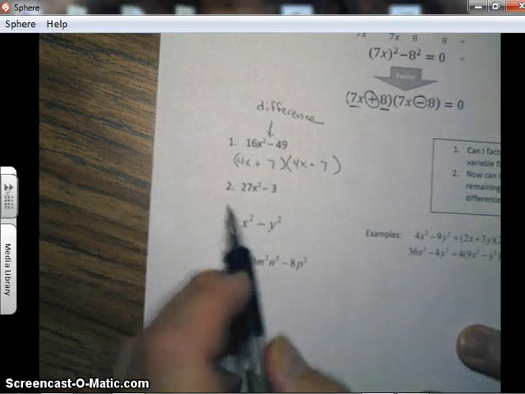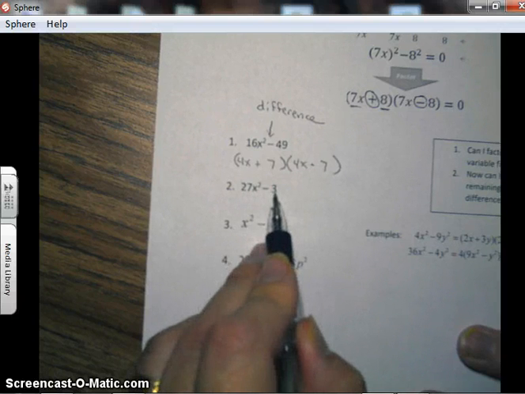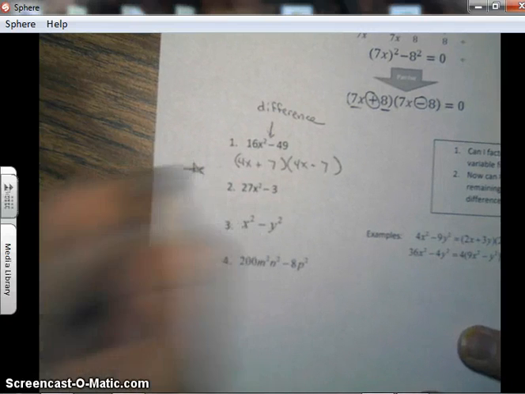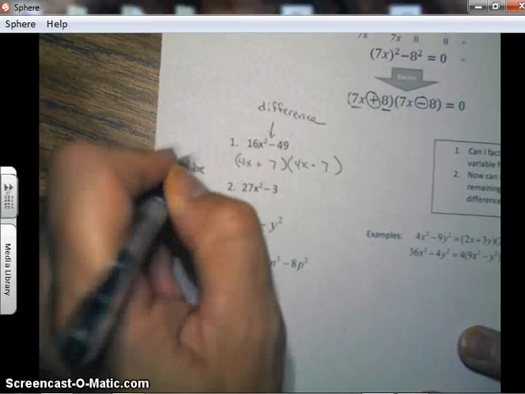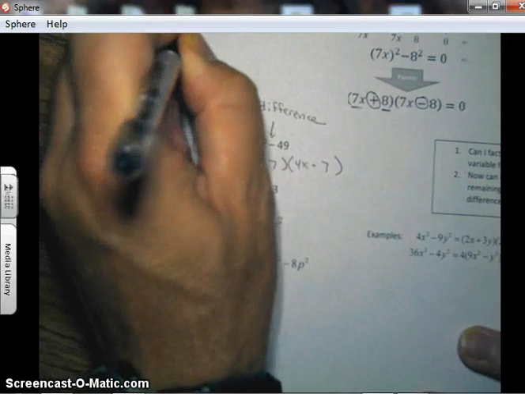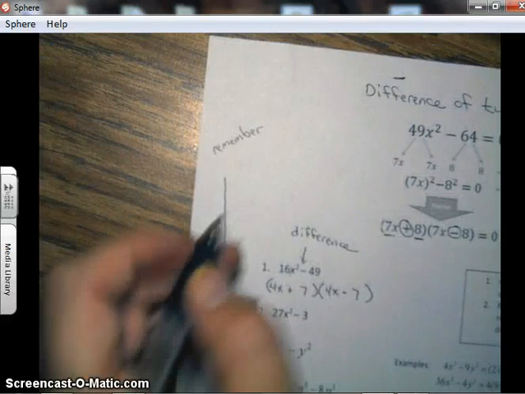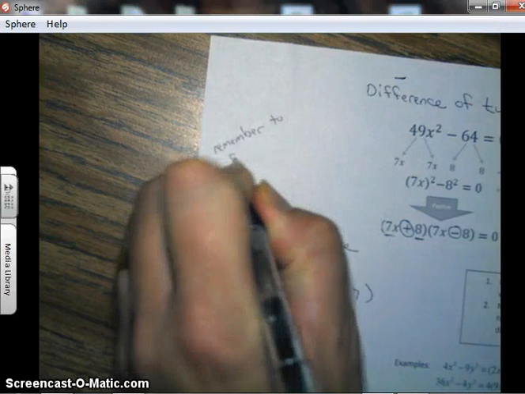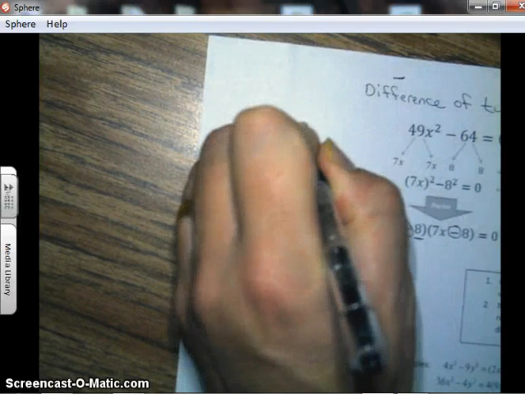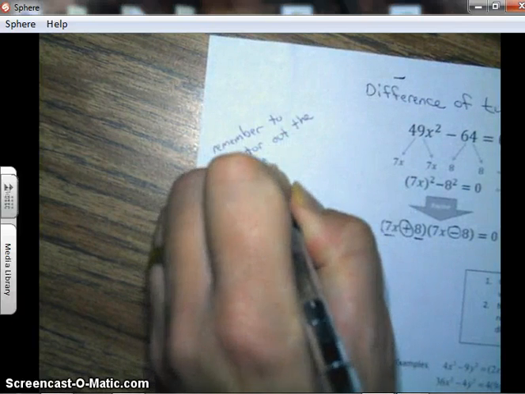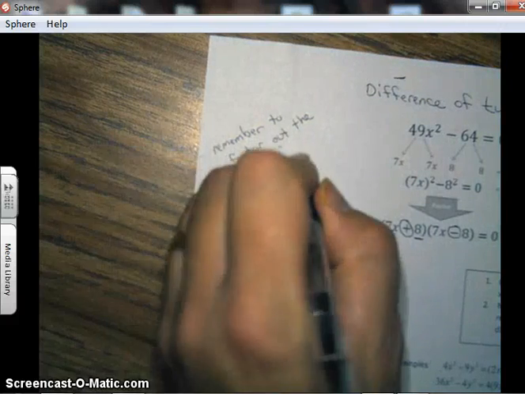Now I want you to notice on number 2, 27 is not a perfect square and neither is 3. But this is very important, okay? If you'll remember the notes over the weekend, you need to remember to factor out the greatest common factor, if possible.